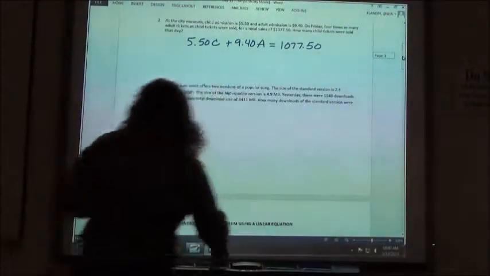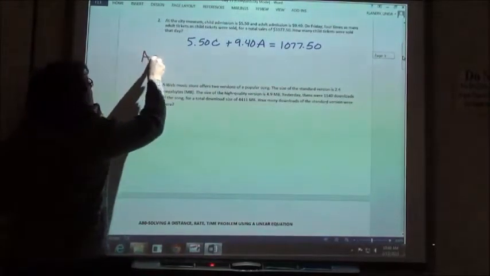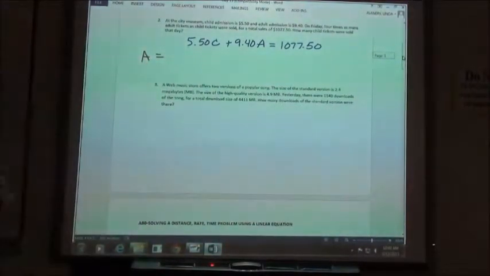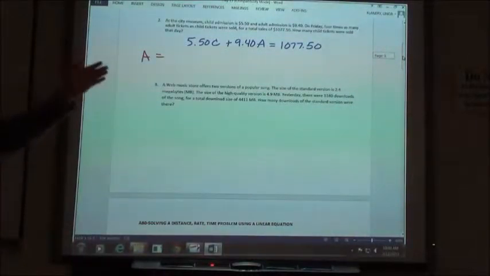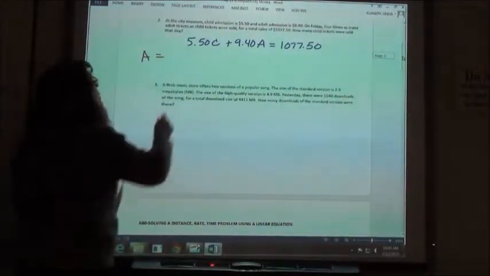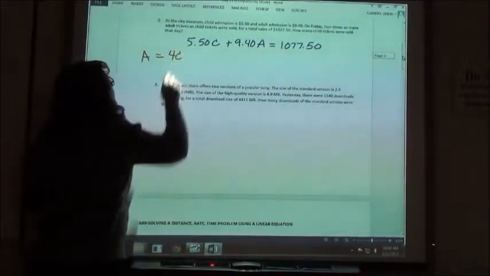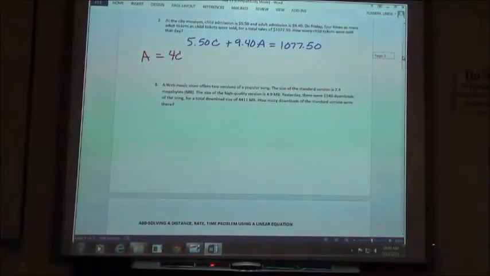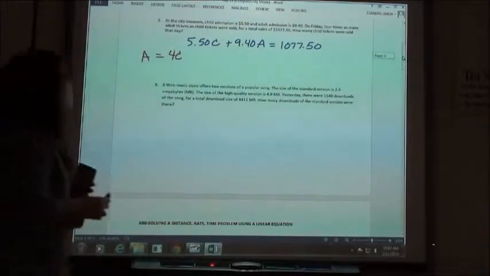That means I'm going to say that the adult tickets is equal to something else. 4 times as many as the child tickets. So 4 times the child tickets, 4 C's. So this is like the one we did on the previous page where we did the substitution. We know that the A can be replaced with 4 C's.